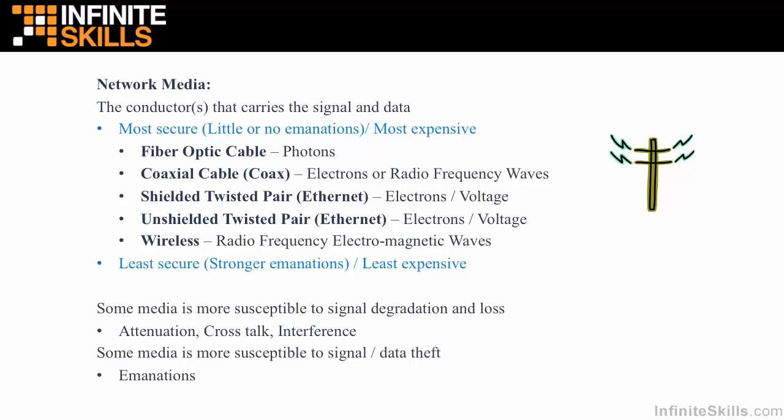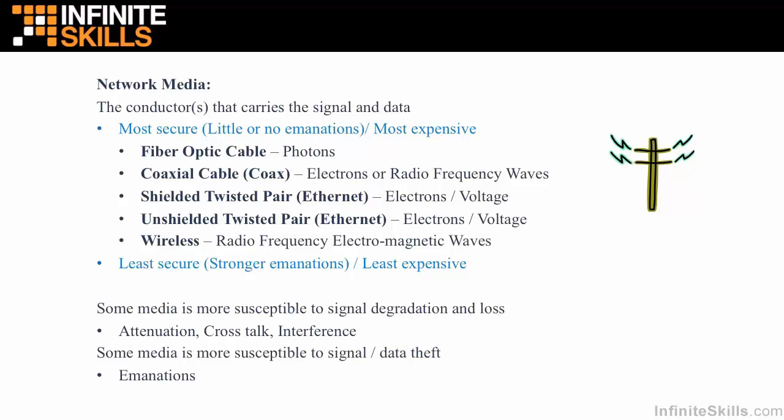The next one down on the list is coaxial cable. Now coaxial cable has been around for a long, long time. It's actually commonly used in your homes to carry your TV signal into the home from the cable provider. It is a center conductor that actually carries the data signal, but then wrapped all the way around that center conductor is a grounded sleeve or shield that helps to keep the signal contained within the coaxial cable.